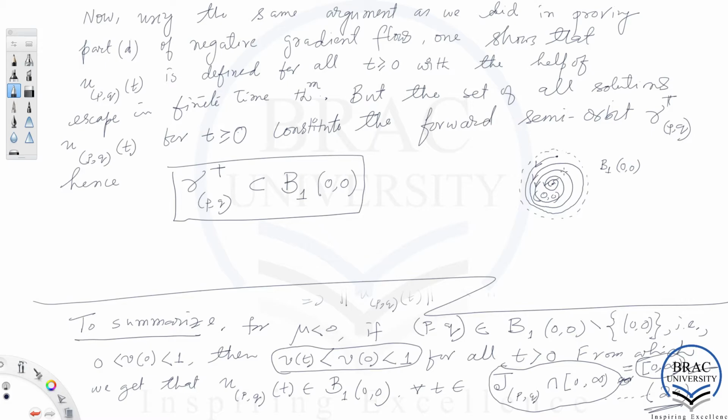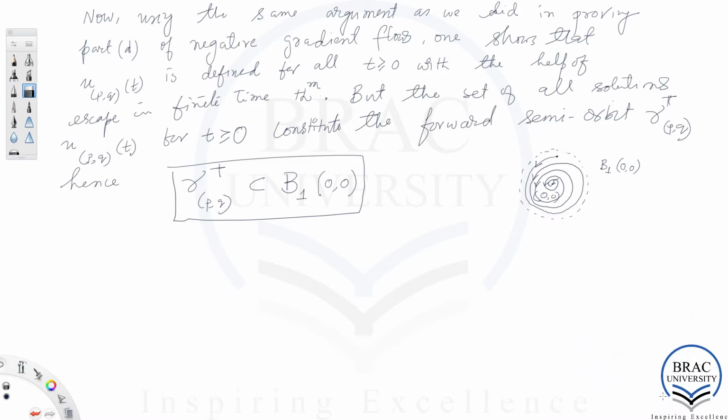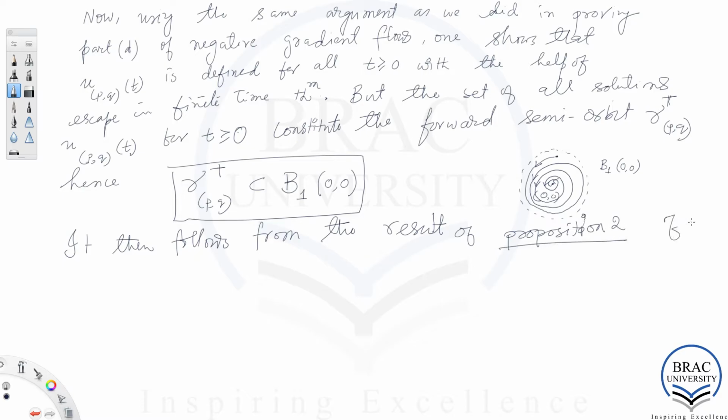So now let me erase this bottom part. Now it then follows, given this thing, from the result of proposition 2 of lecture 4 that the omega limit set of the underlying orbit is non-empty.